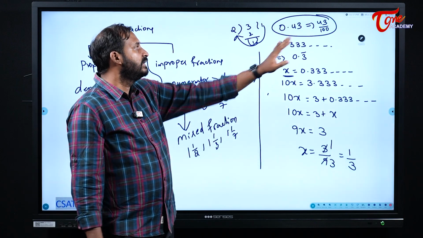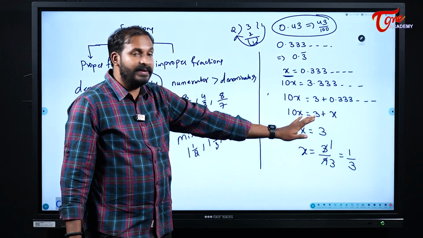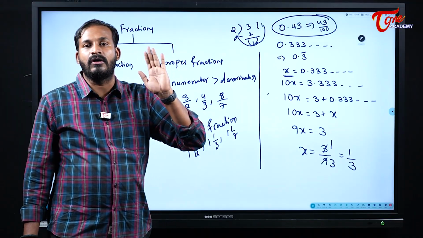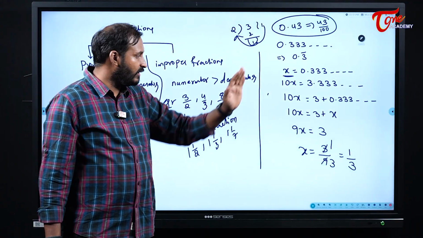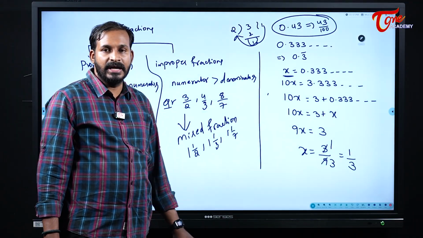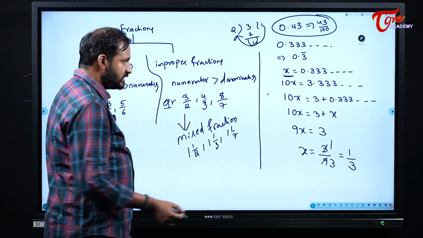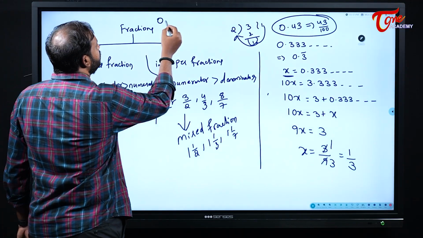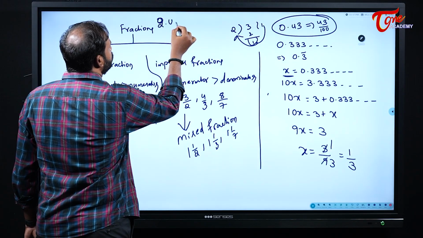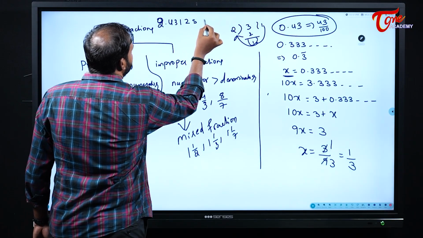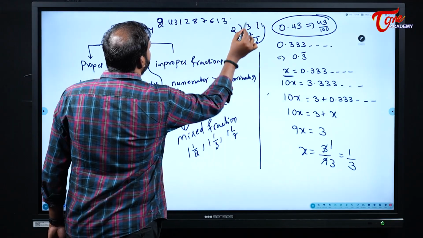But for the time being, these types of decimals, the repeating decimals, are also called rational numbers. Why? Because we can write them in the form of P by Q. But while discussing irrational numbers, I gave one example, right? Something like 2.431287613.